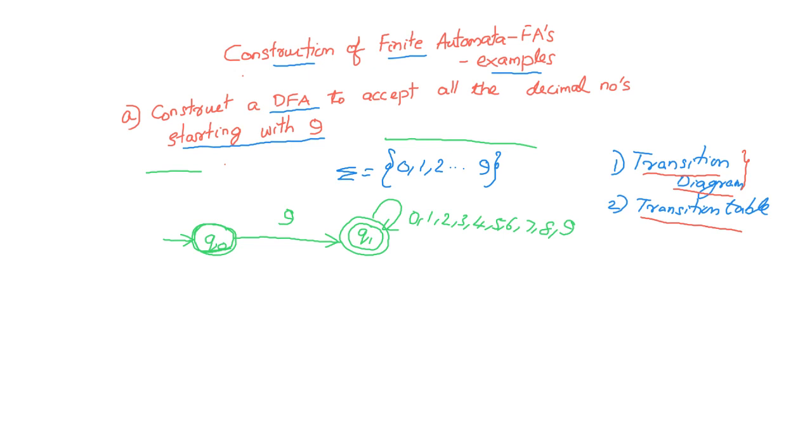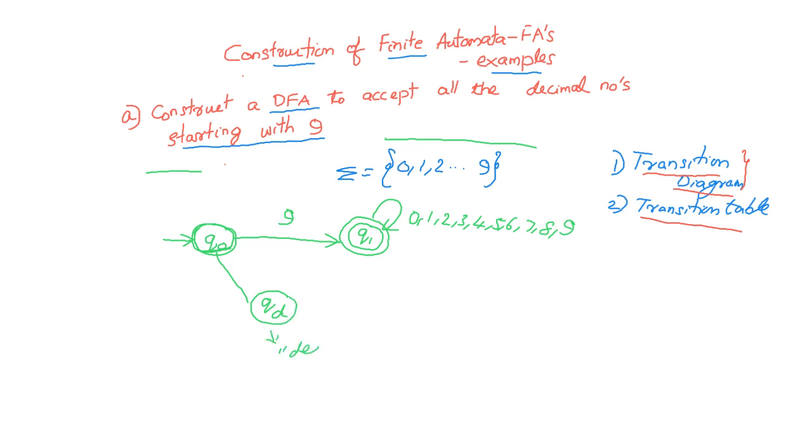Also remember that in the first instance, if you are getting a symbol from 0 to 8, then you should not accept it. So there should be a dead state going from Q0, let's indicate this as QD, to understand it as a dead state.